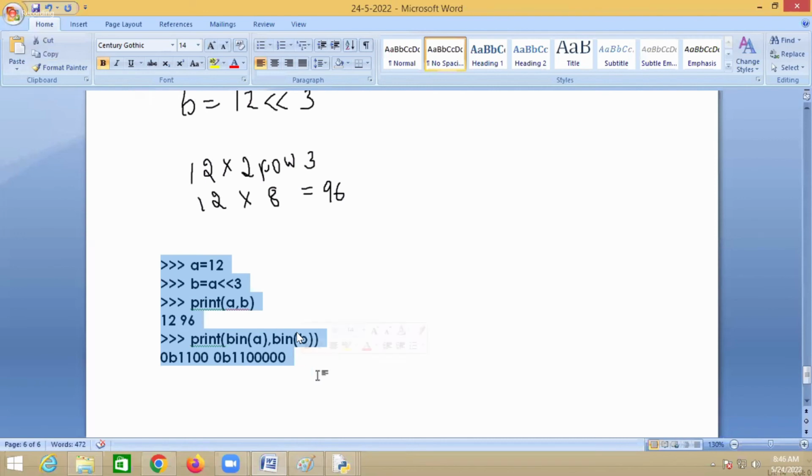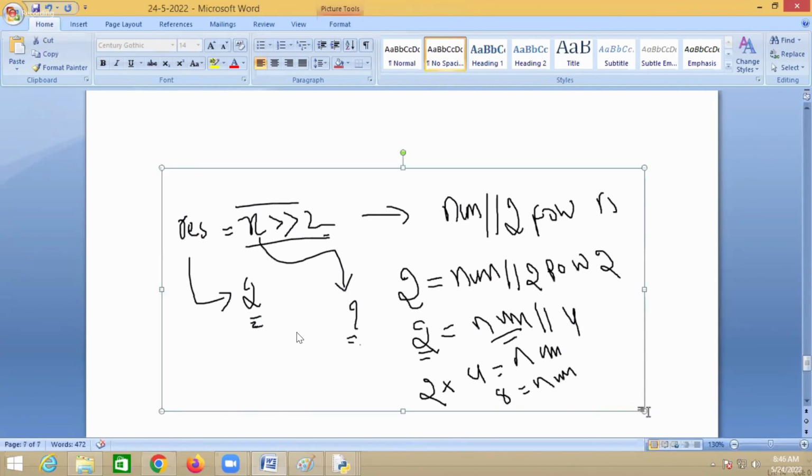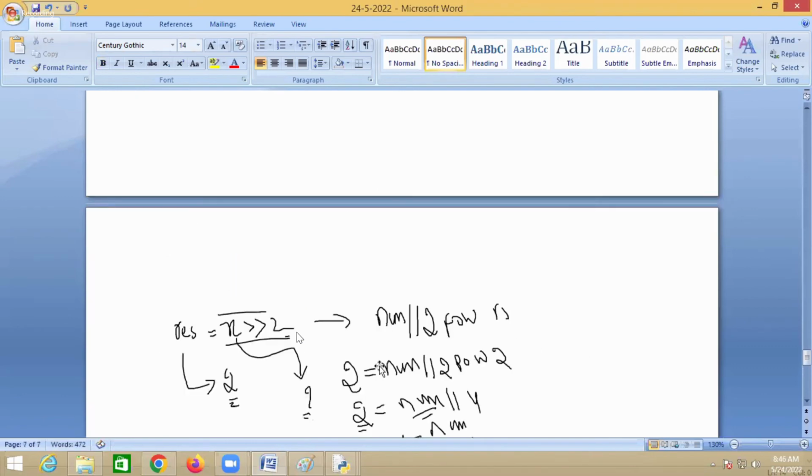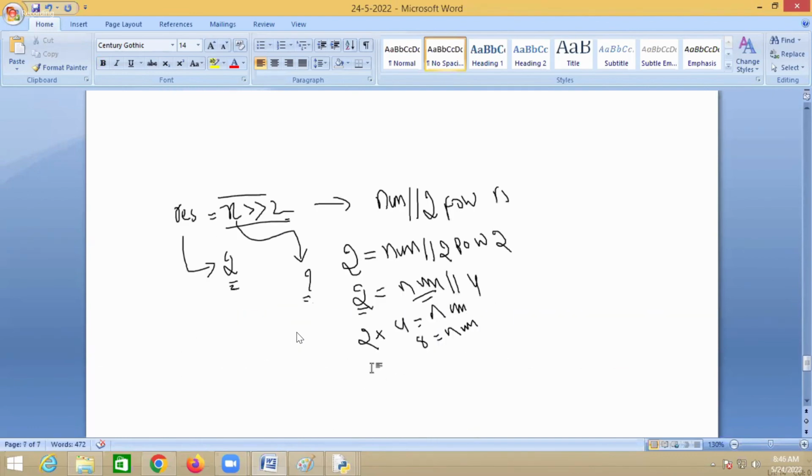These are simple, but if you want to become a data scientist, most of the things in data science are related to mathematics.